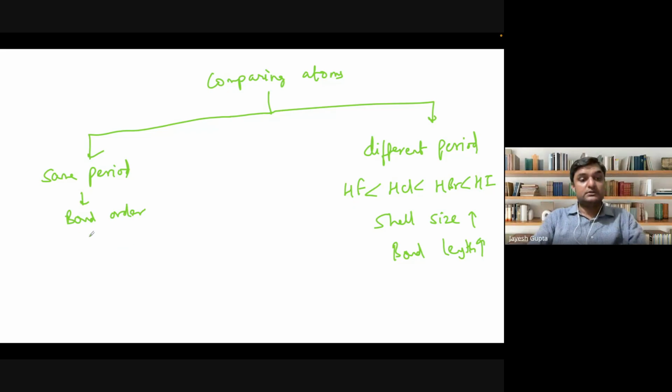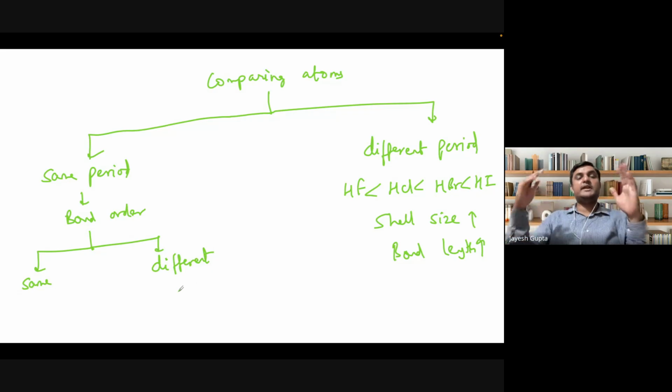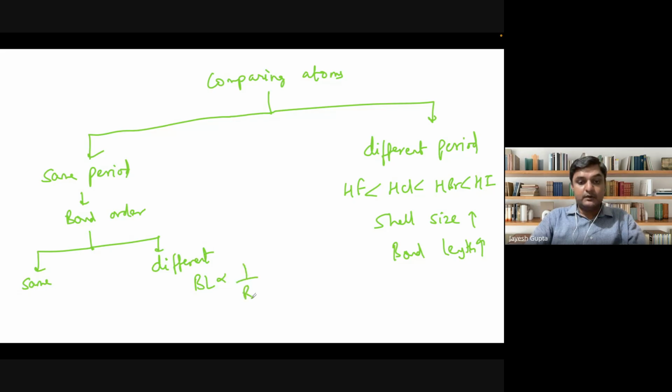But here also, bond order can be same also, and bond order can be different also. If it is different, then it is fine because bond order increases, bond length decreases. So bond length will be 1 upon bond order.